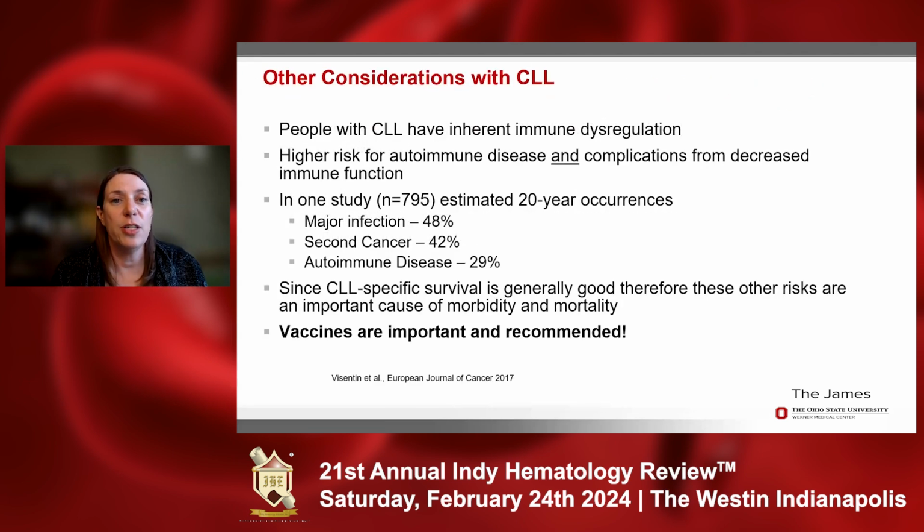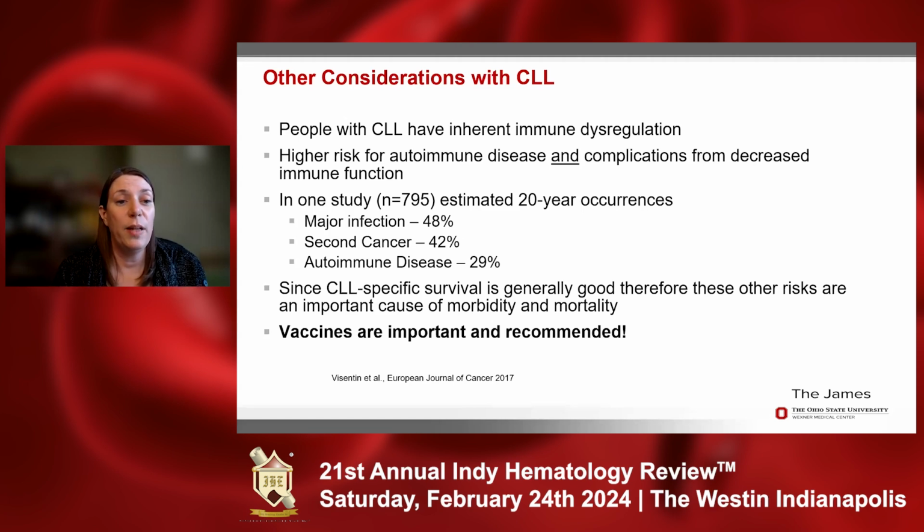Couple of other considerations that I just want to bring up. In addition to treatment, we really have to think about the complications that CLL has on the immune system. And I mentioned that the CLL cells will secrete proteins that make other immune cells not work very well. And so that can lead to a higher incidence of infections, autoimmune disease, and other cancers too.